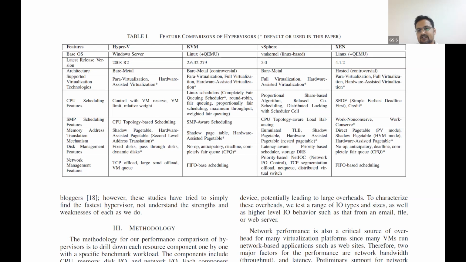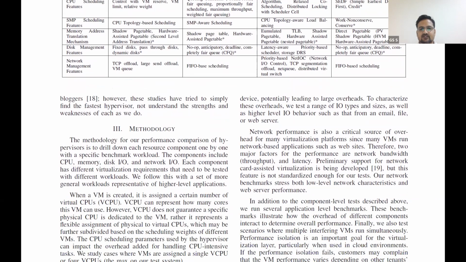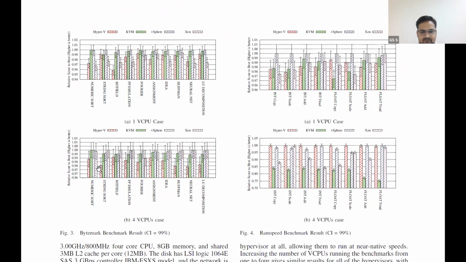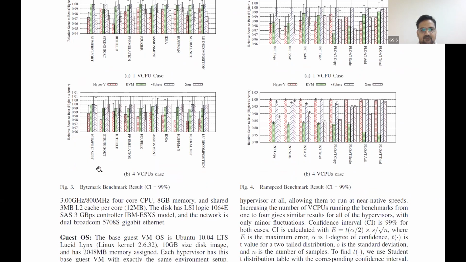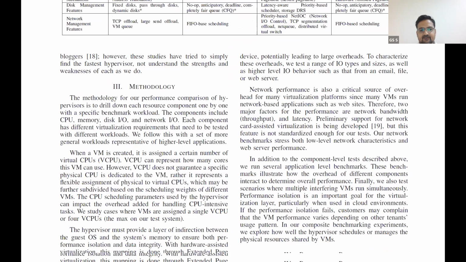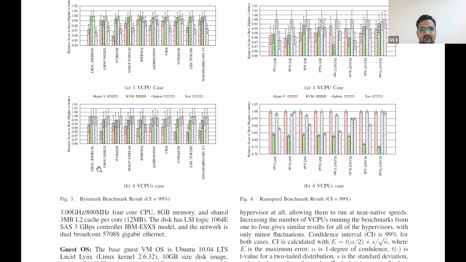So every hypervisor does its own job with different kinds of scheduling algorithms: credit scheduling, SEDF scheduling, right? Then batch scheduling, different scheduling algorithms are there.